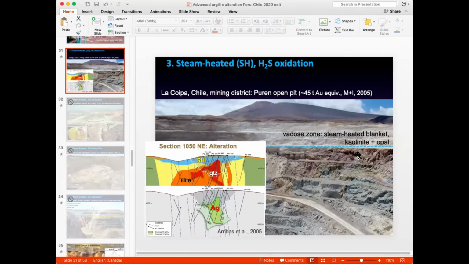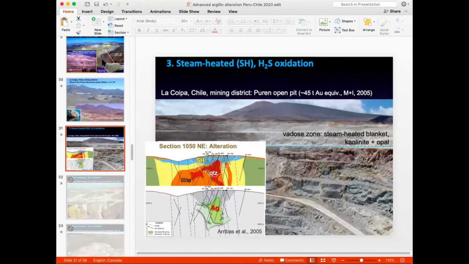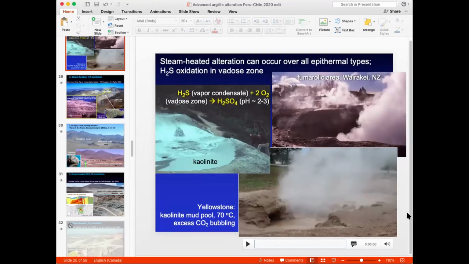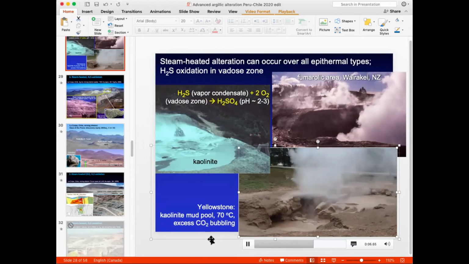Now, I've said that to condense, well, let's go back and replay this. I keep having to move the photos. Steam heated acid sulfate alteration and mudflows.